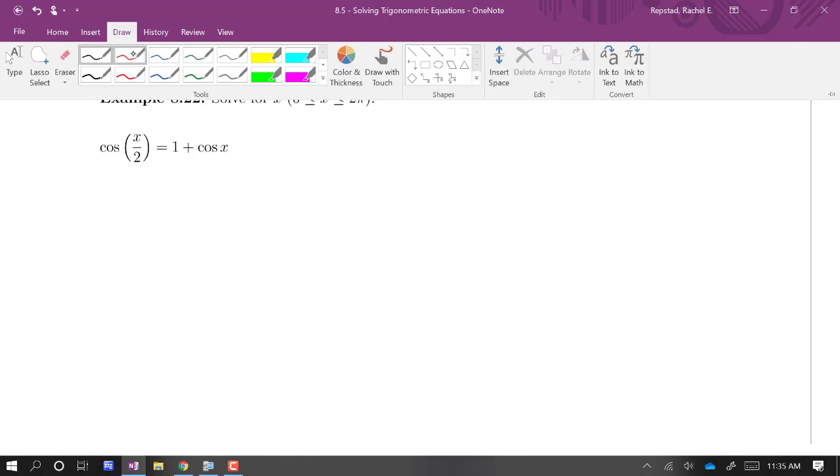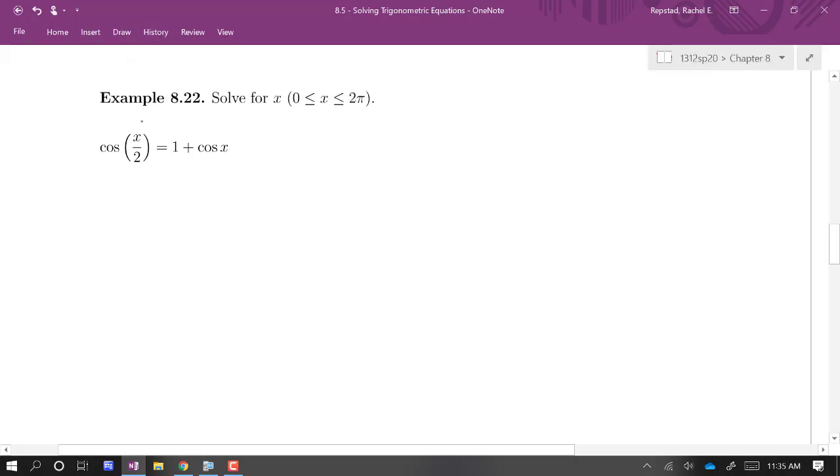However, note that the arguments are different here. In one of these cosine functions, it's x over 2, and in the other cosine function, it's x. So that's going to make us slow down and think about how we can write it in terms of a single trig function of the same variable.